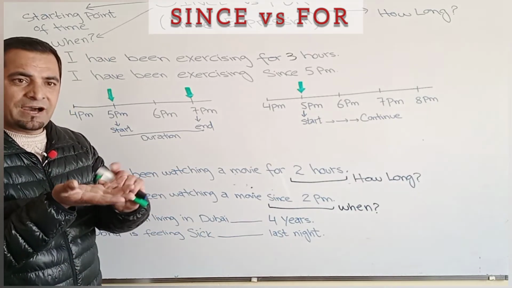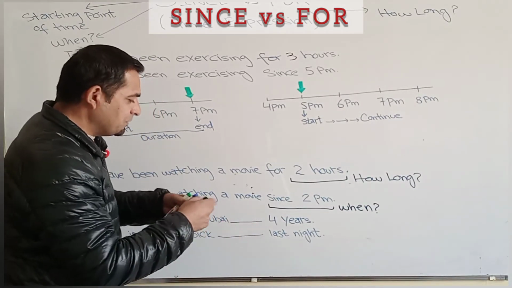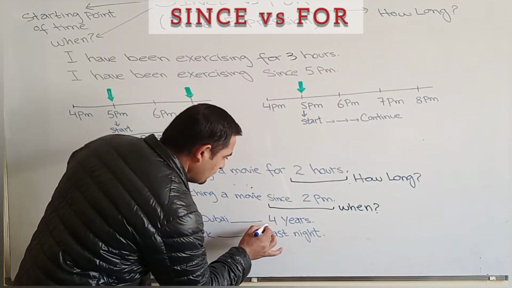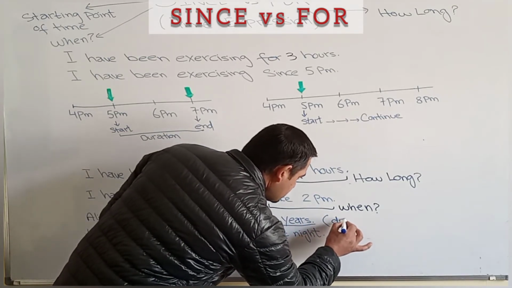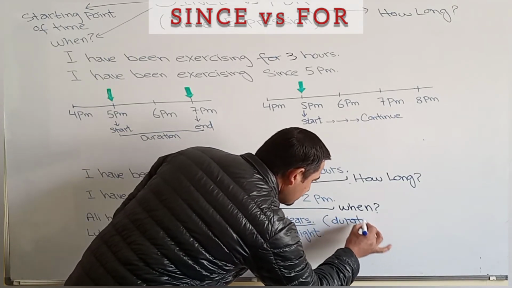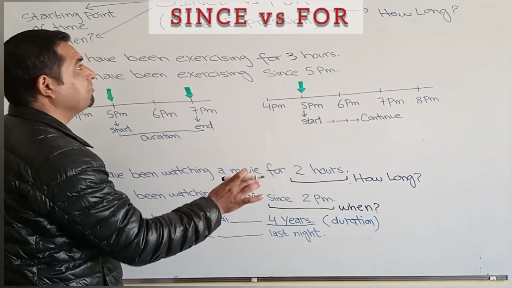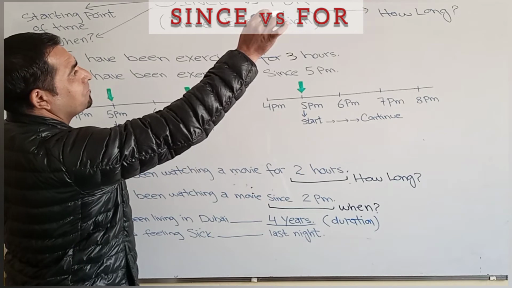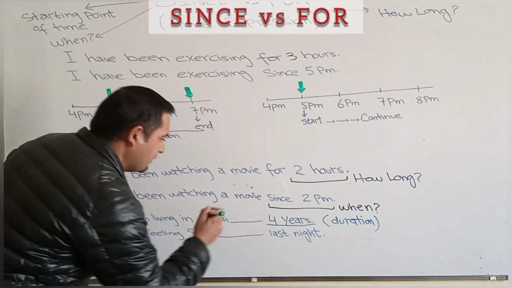That makes me count the total duration. So 4 years is the total duration, complete duration. So when the duration of the activity is complete, we're going to use what? For. So I'm going to use here for.